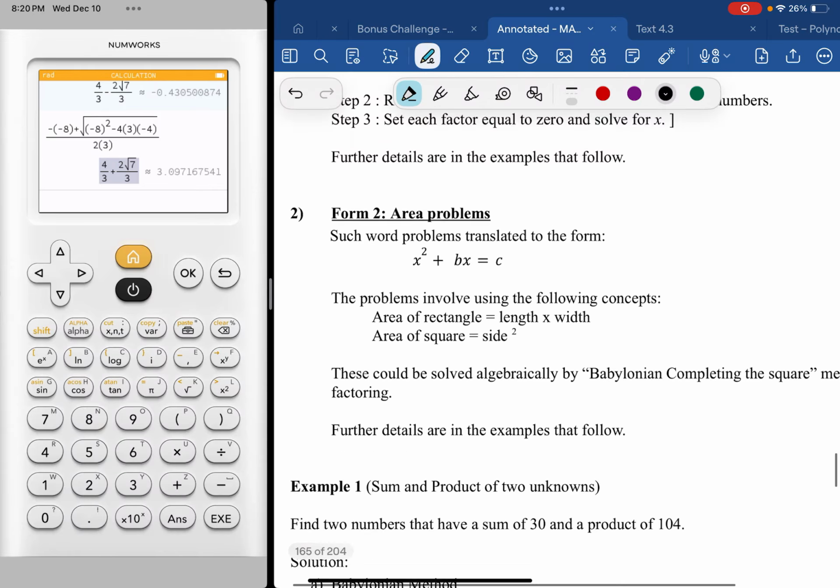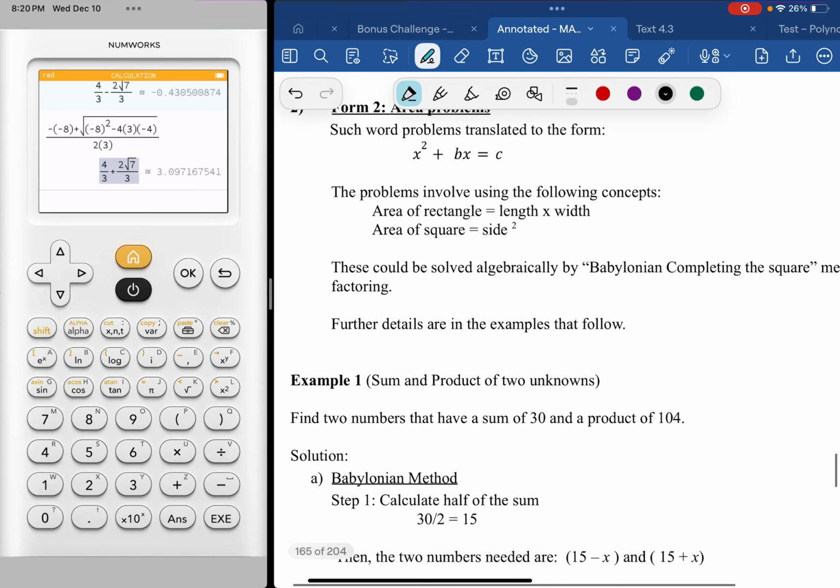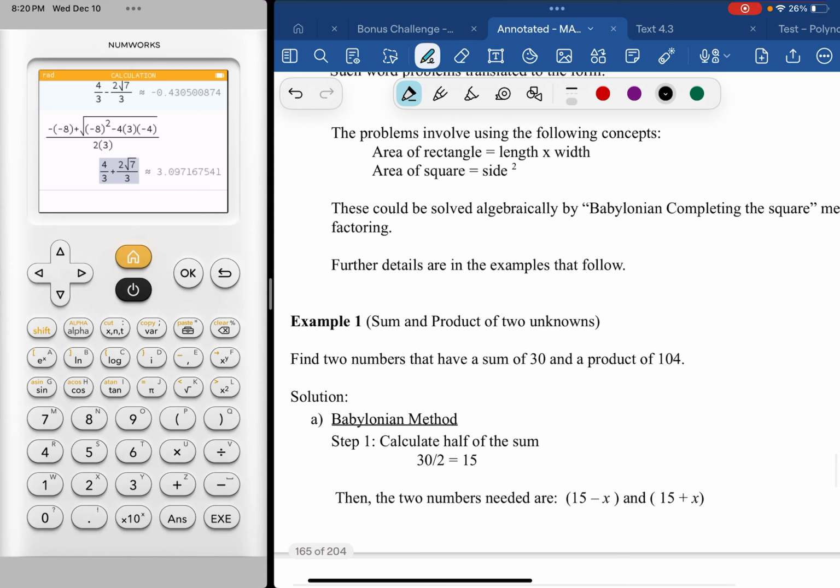You could also have area problems, area of a rectangle, area of a square. For that, you could use the Babylonian completing the square method. You could also use the Babylonian quadratic formula, because that's just an extension of the completing the square approach. So find two numbers that have a sum of 30 and a product of 104.